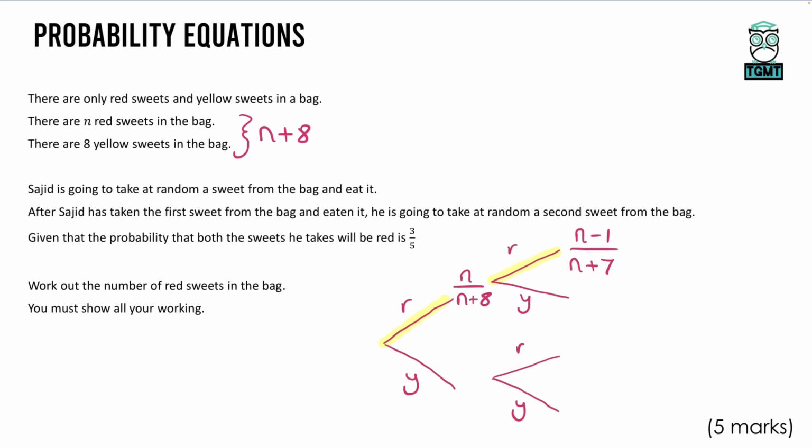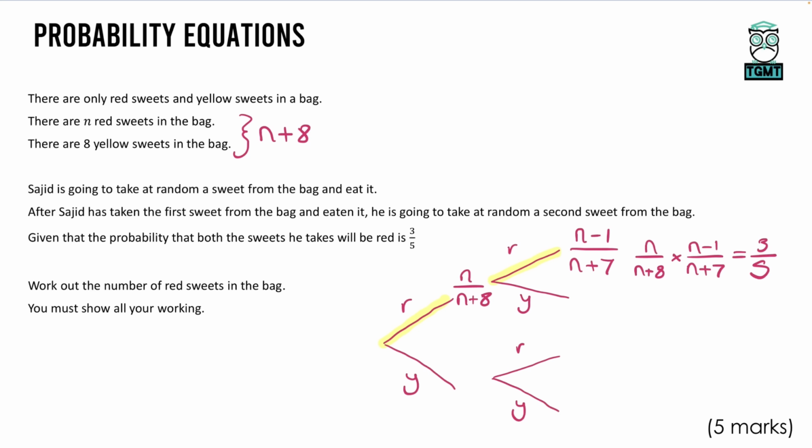Now to work out that probability, we would multiply those two together. So we would have n over n plus 8 multiplied by n minus 1 over n plus 7, and it tells us that that's equal to 3 over 5.